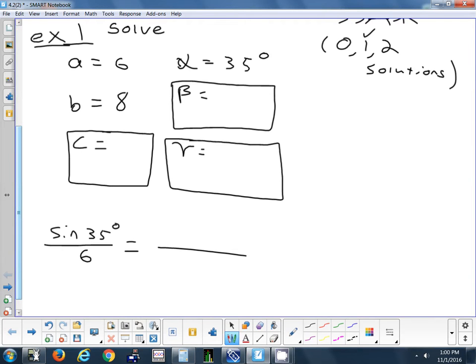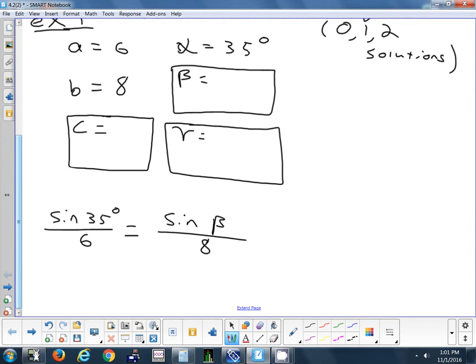Now that we've got the left side set up, Jake, what's going to go on the right? I'm going to use row 2. So the bottom is 8, and what's in the top? Sine of beta. Now our goal is to solve it, cross multiply, and try to get beta by itself.